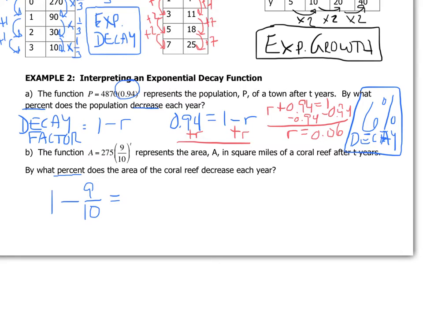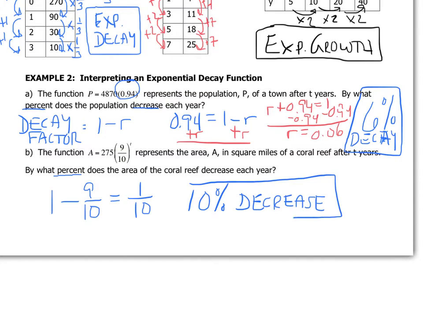So the 1/10 is going to be the rate. So we dropped by 10%, a decrease. Again, just keep reminding yourself, the 1 represents the 100%, then we are taking away some other percent to get to the decay factor. So we lost 10%.